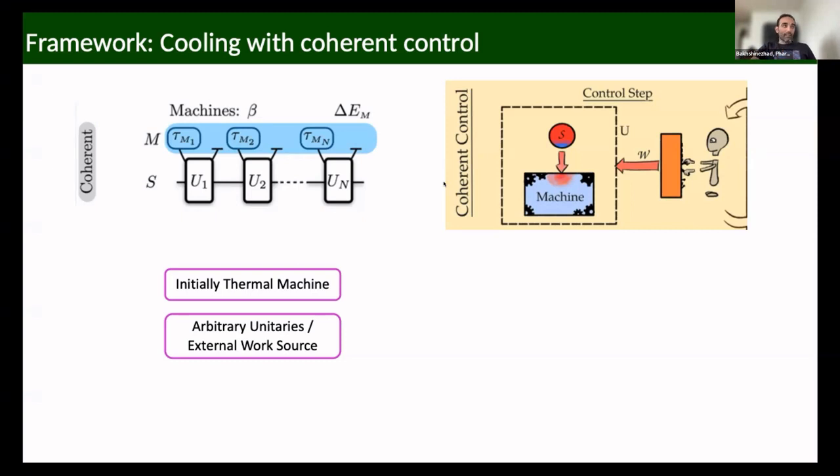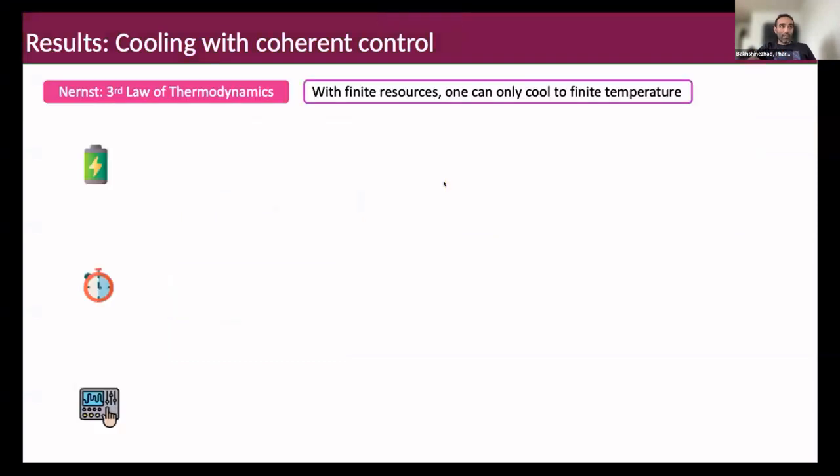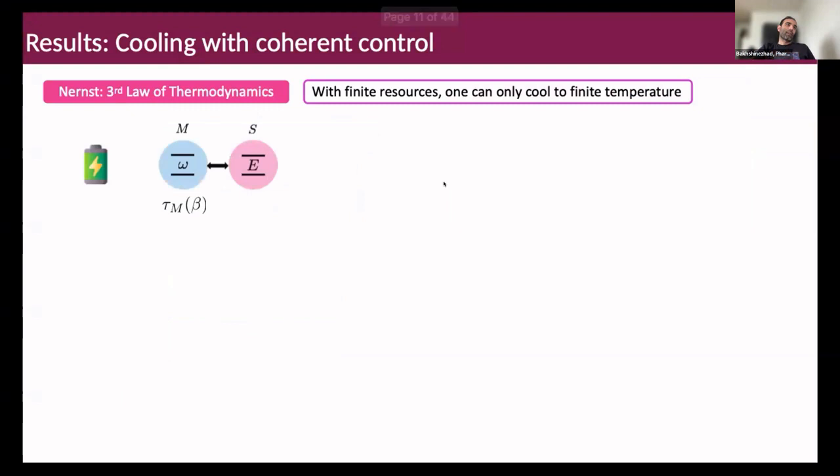And in such a scenario, if we look at these three resources and want to see how we can reach the pure state, then for the first one, energy, if we have a system and another qubit with an infinite gap, this machine qubit is like the pure state.